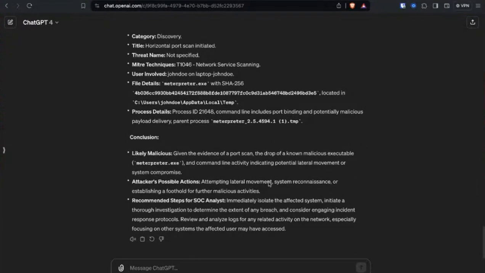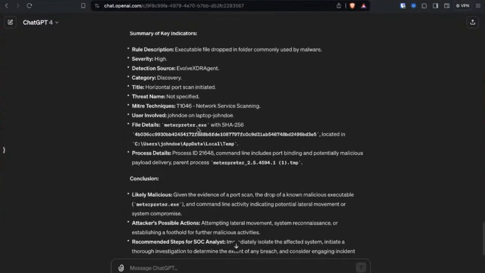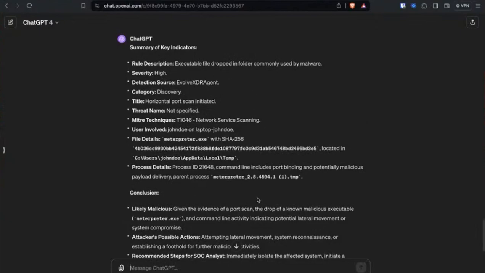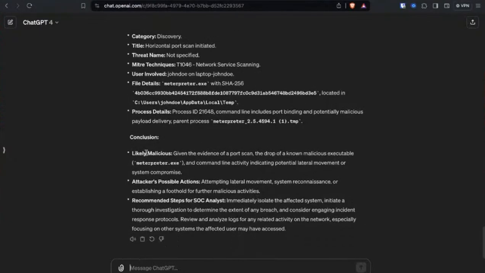So we've asked it to give us a conclusion as well. These are the indicators of compromise that it found as key within all of that data. It's then given us the conclusion. It's likely malicious, given the evidence of the port scan, the drop of a known malicious executable, and command line activity indicating potential lateral movement or system compromise. The attacker's actions: attempting lateral movement, system reconnaissance, establishing a foothold for further malicious activities.